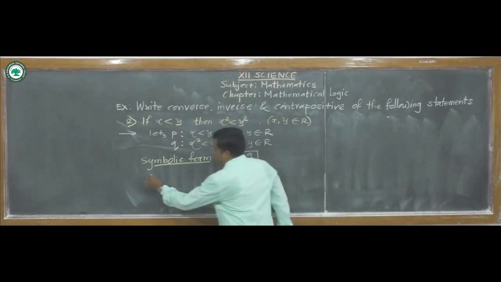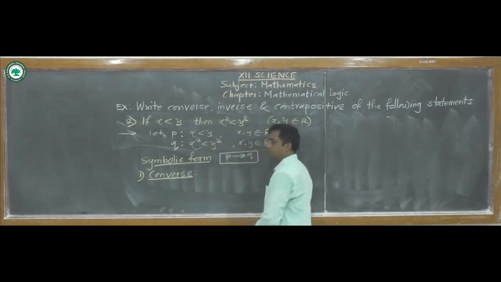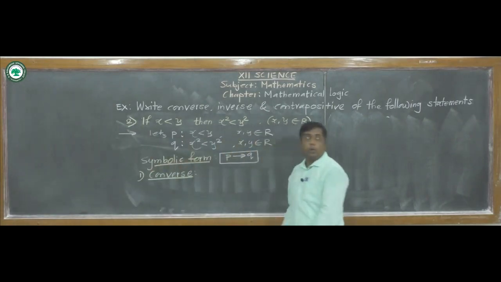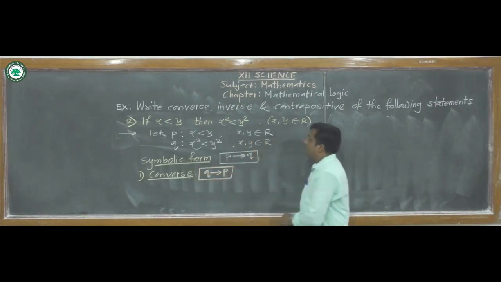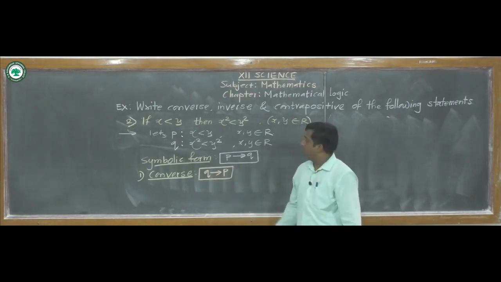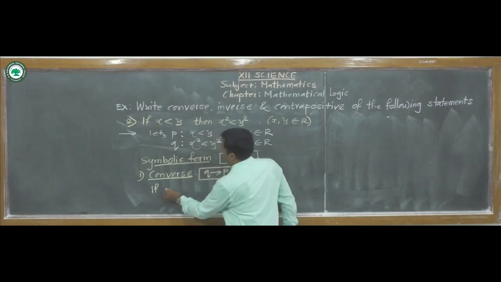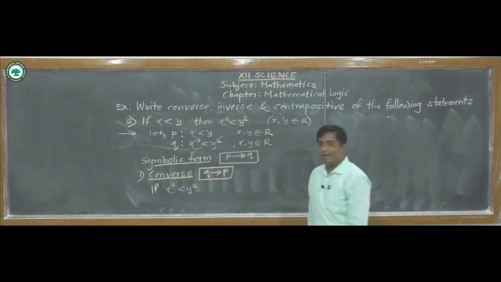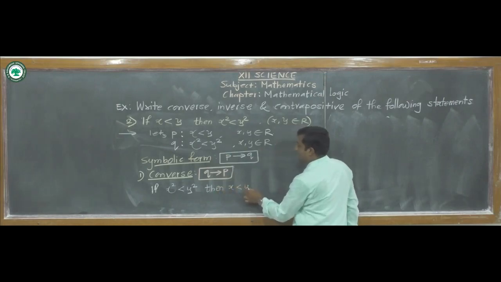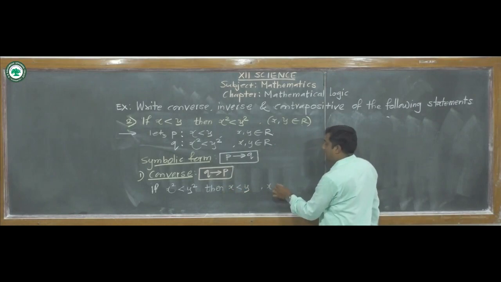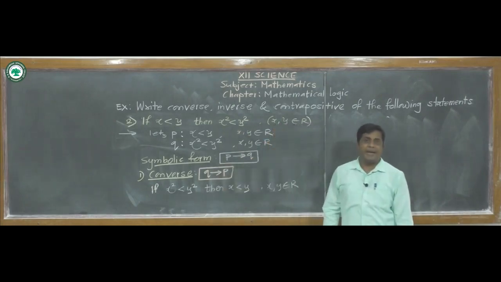Let's go with the first one, the converse. For the converse, our relation is Q implies P. We know P and we know Q. Firstly consider Q: if x square is less than y square, this is our Q, then P, here P is x is less than y, and x, y belong to R. This is the converse of the given statement.